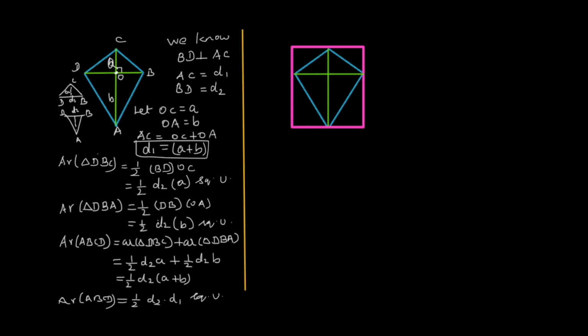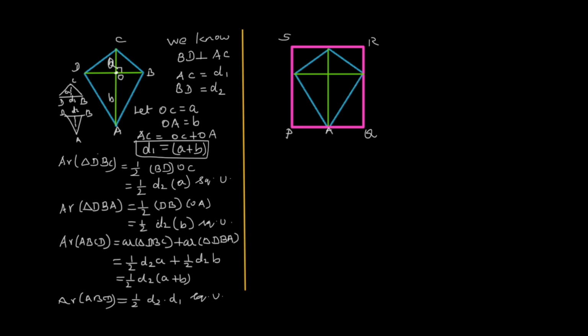Now geometrically we are going to find the area of the kite. Let's take a rectangle that inscribes the kite. Take the rectangle PQRS, and our kite is inside.